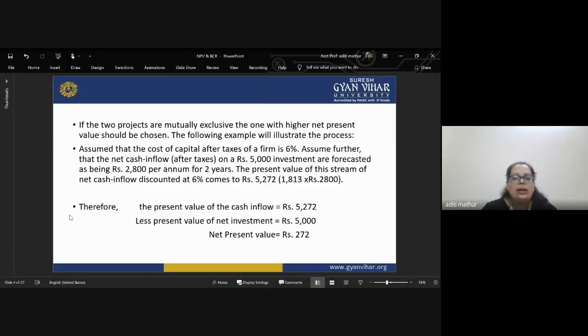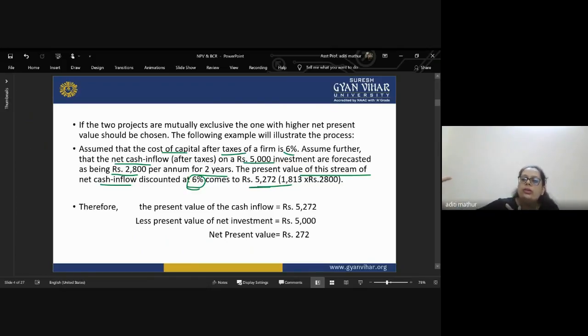So let us first see a few very small calculations. I have taken a small example in which the cost of capital after tax is 6%, and the net cash inflows after tax forecasting is 2,800 per annum for 2 years, with an investment of 5,000. The present value of net cash inflows at 6% comes to be this amount, right?